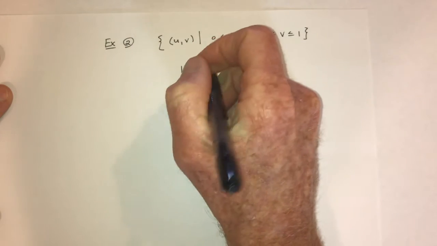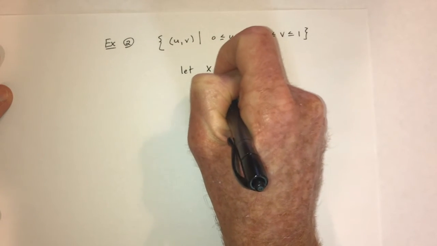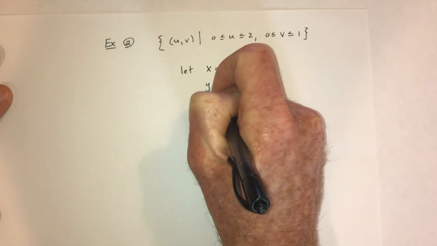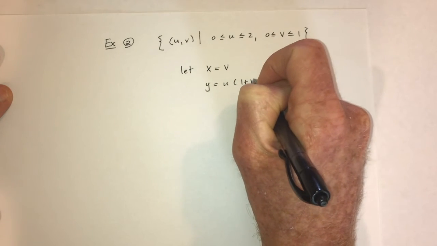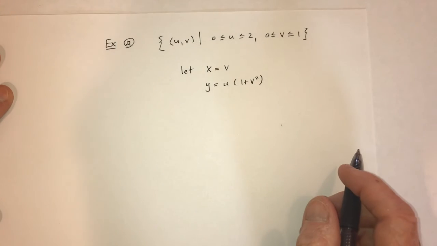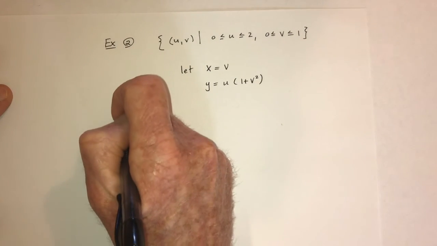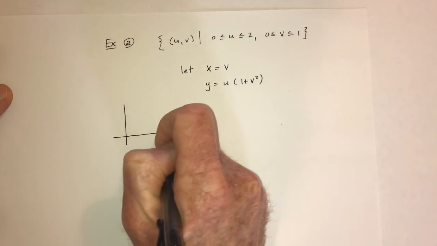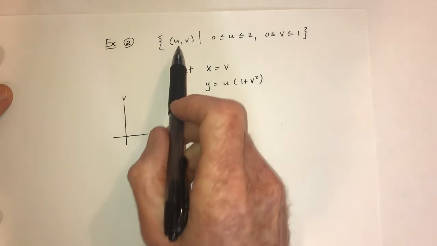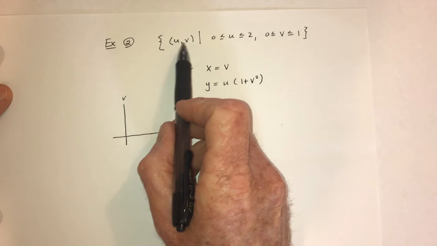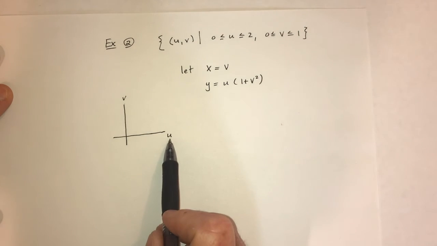Then let x equal v and y is equal to u times 1 plus v squared. So to begin with, in the u and the v system, so this is like the x and this is like the y, the u goes first, so that goes here.